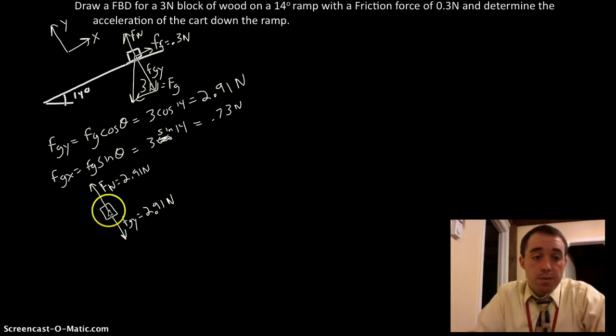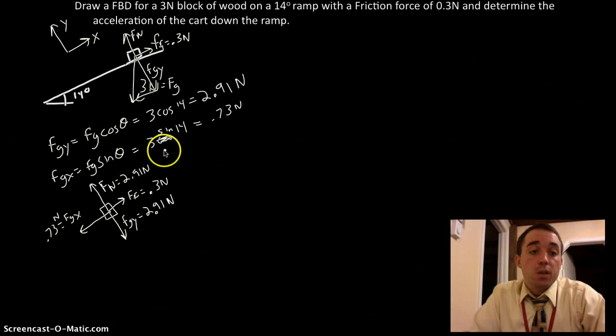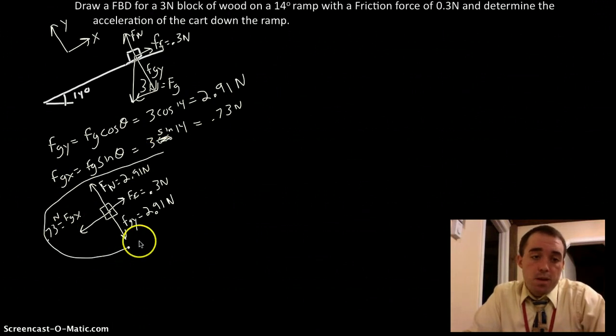Going up the ramp, I have a force of friction, and that's my only force, of 0.3 newtons. And as expected, my downward force, the one that's pulling me down the ramp, is bigger than my force of friction, and that equals 0.73 newtons. Alright, so that's my free body diagram, right there.